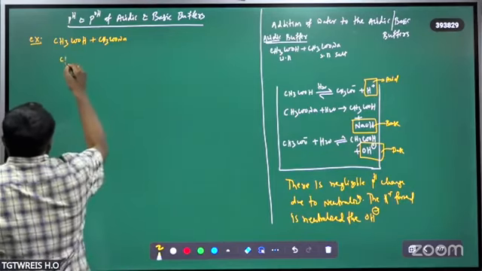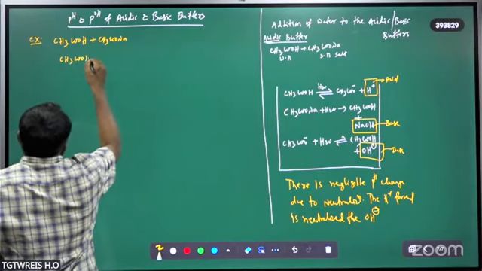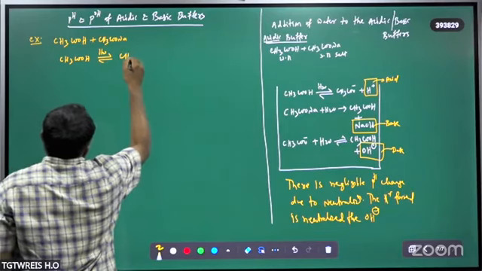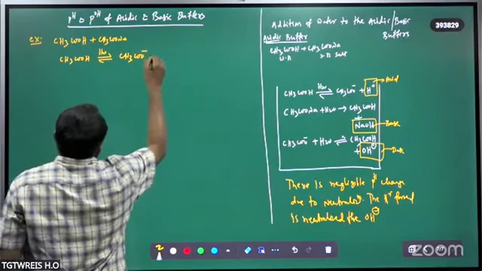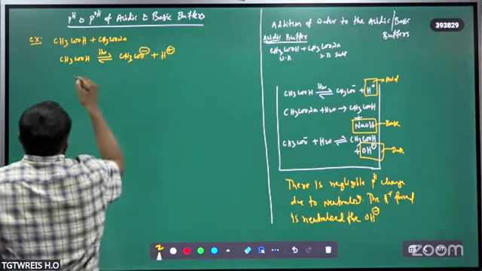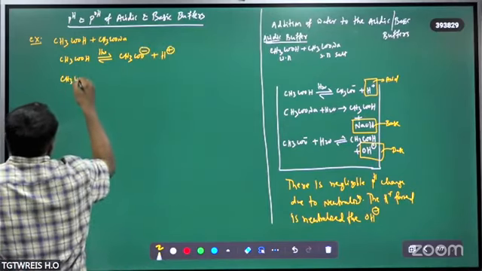CH3COOH is a weak acid, ionized when dissolved in water to CH3COO minus and H plus.